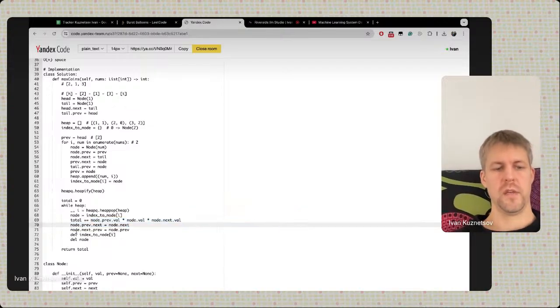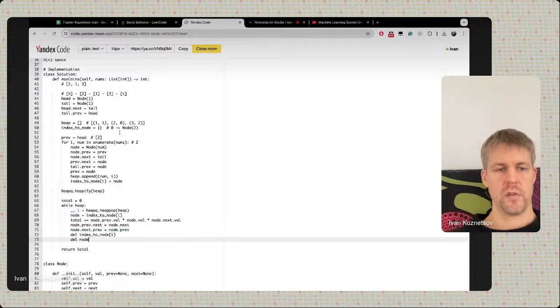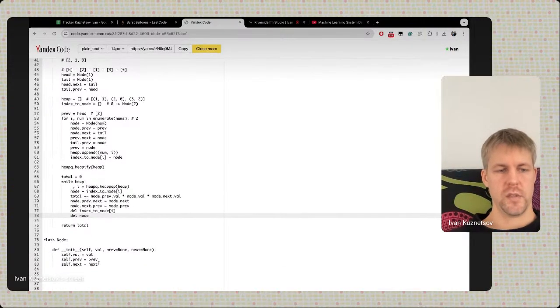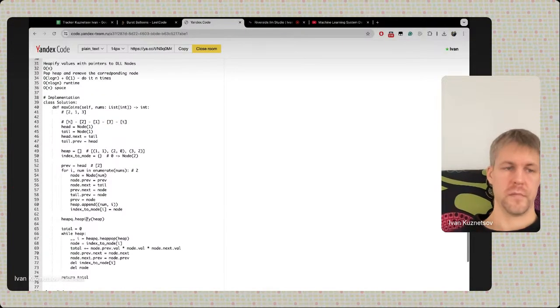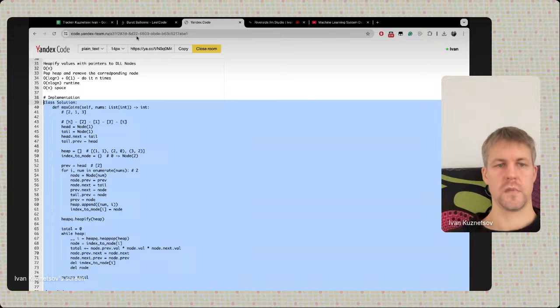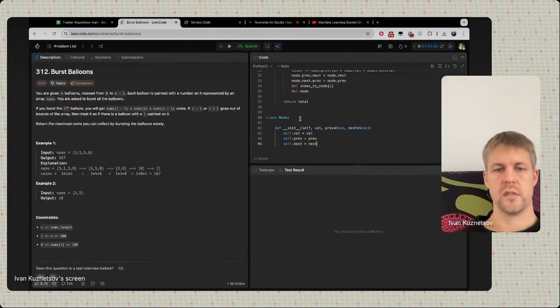So then we are updating those two connections, and we are removing the node, and we are removing the pointer to this node based on the index, and we are returning total. Okay, it looks reasonable. Let's see how it goes.